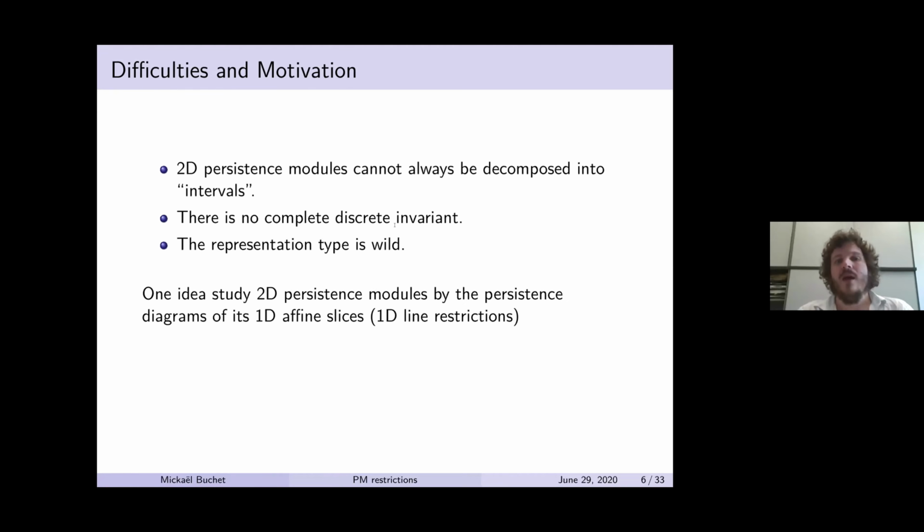So one idea to study the 2-persistence module would be to restrict it to 1-dimensional affine slices and look at the persistence diagram.